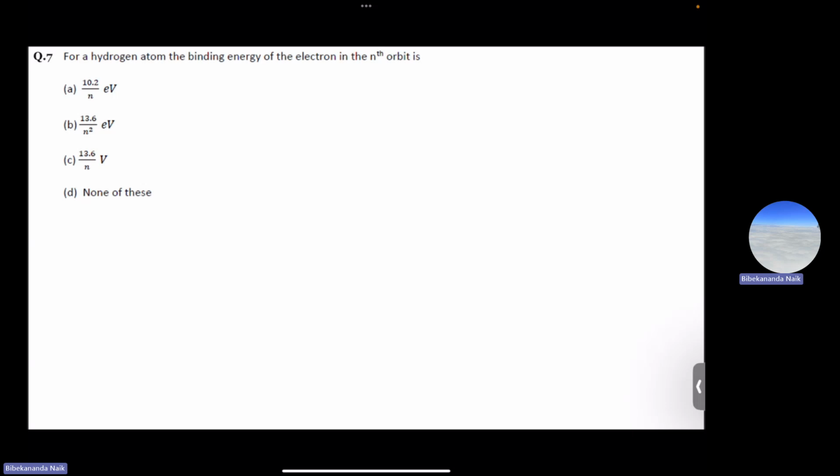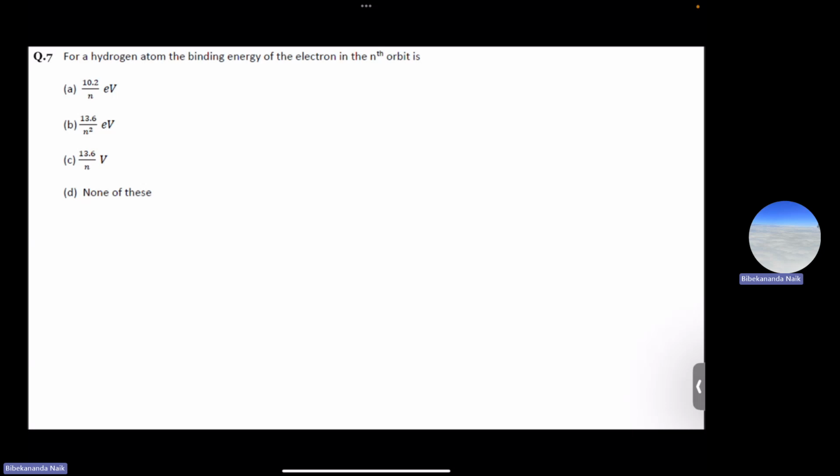The question is, for a hydrogen atom, what is the binding energy of the electron in the nth orbit? First, we need to understand what we mean by the binding energy. We just discussed the energy of the electrons in the different levels of the hydrogen atom.